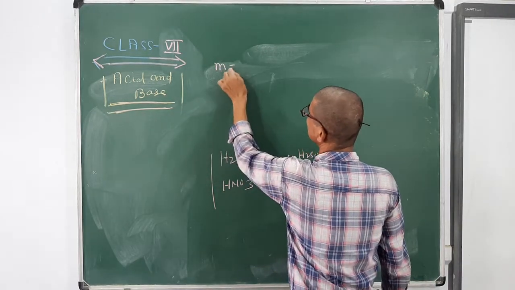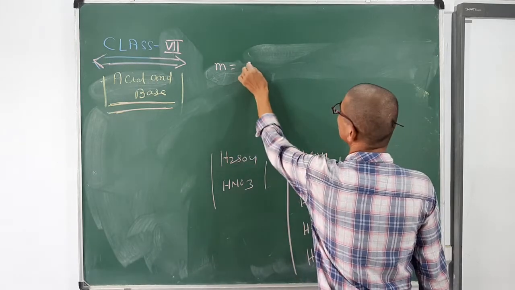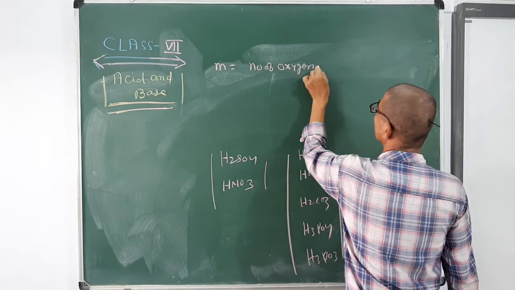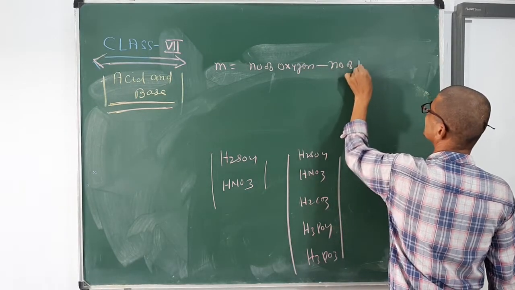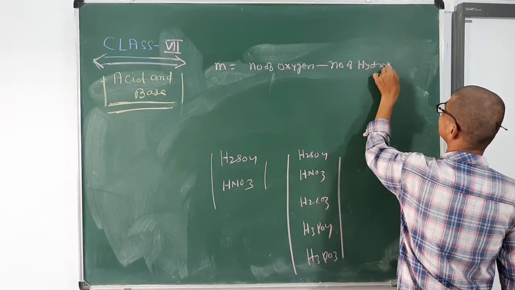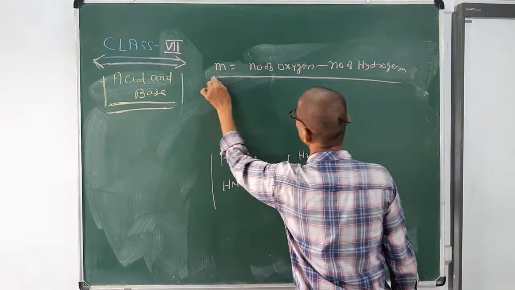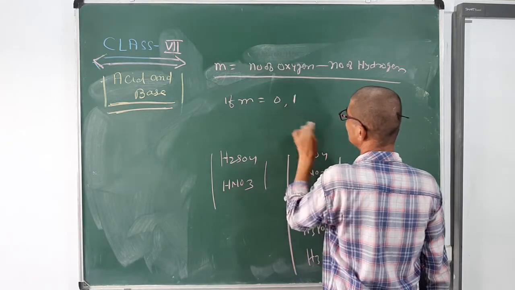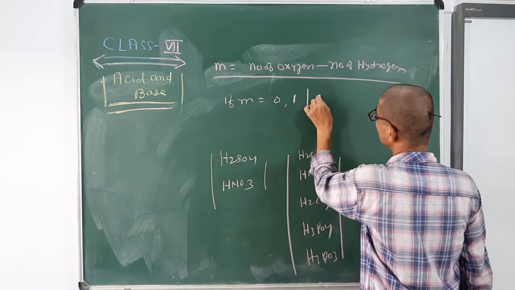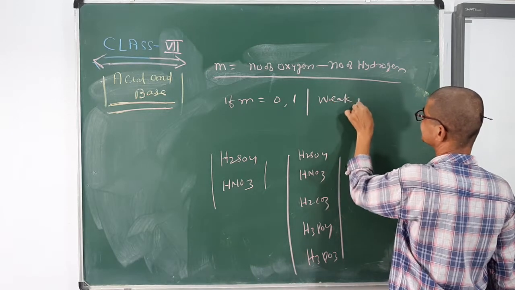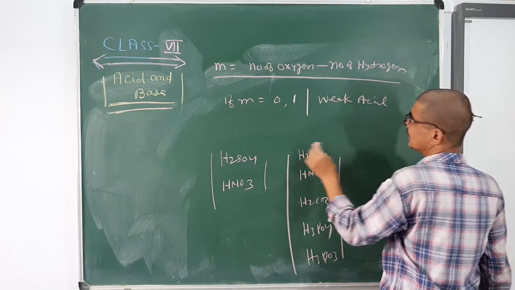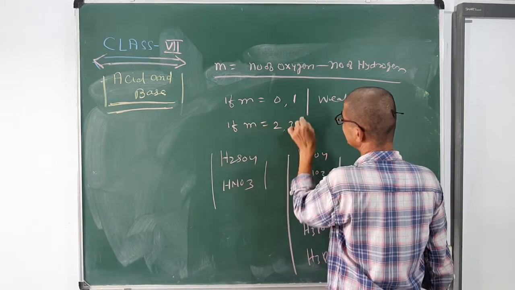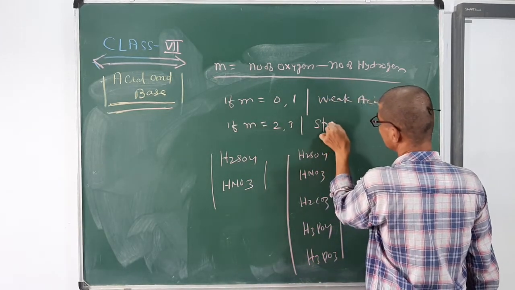M equals number of oxygen minus number of hydrogen. So if the value of M equals 0 or 1, then we can say it is called a weak acid. If the value is M equals 2 or 3, then we can say it is called a strong acid.